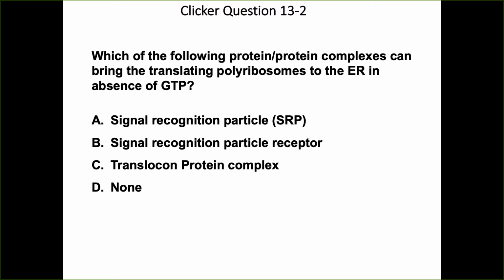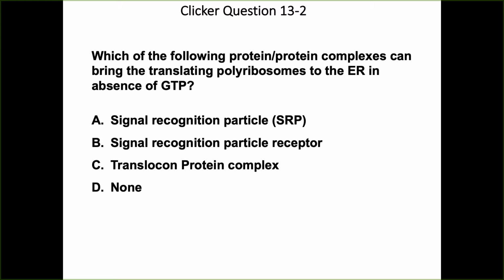SRP, SRP receptor, translocon protein complex, none. So D is the correct answer, which is none. But 30% of you chose translocon protein complex. It does not bring that. It is already in the ER membrane. It doesn't go anywhere. So just remember that.